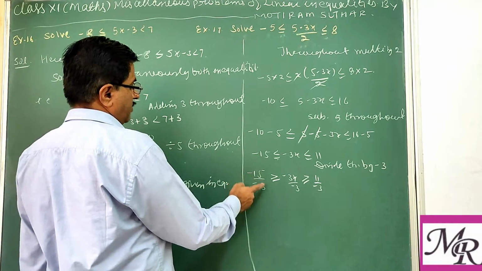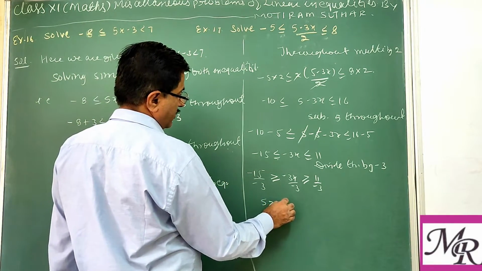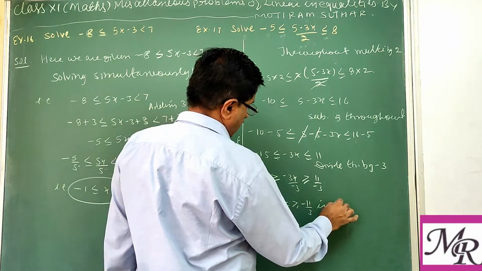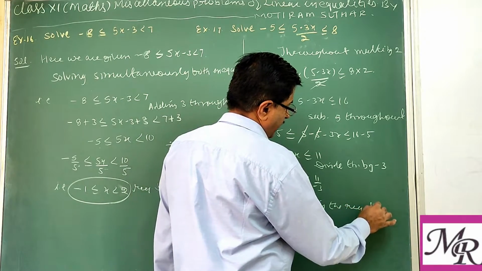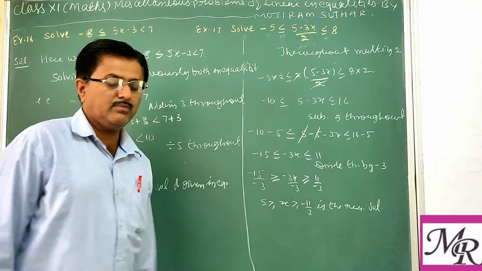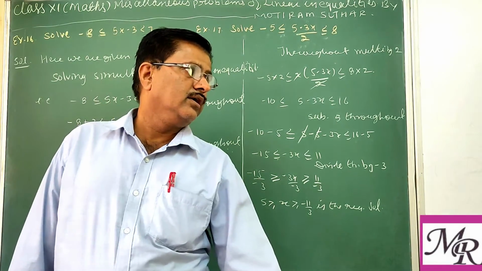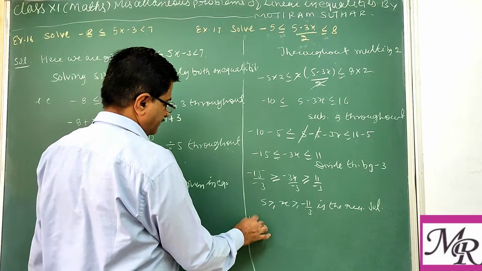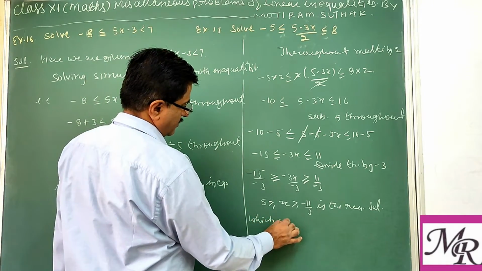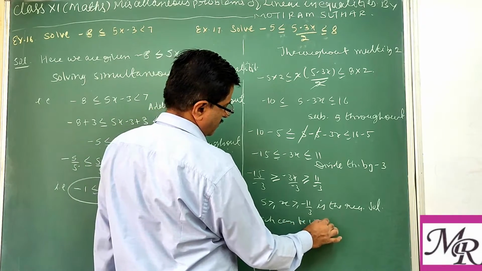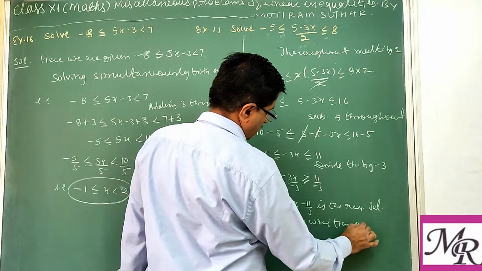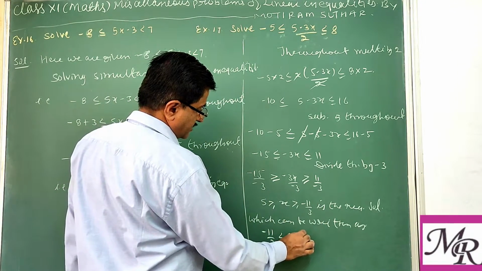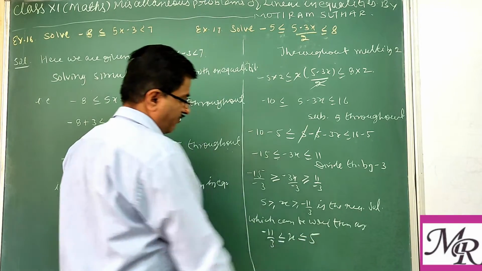So 15 by 3 is 5, and x, and -11 by 3 is the required solution. This can also be written in reverse order, writing the negative number first: -11 by 3 less than or equal to x less than or equal to 5.